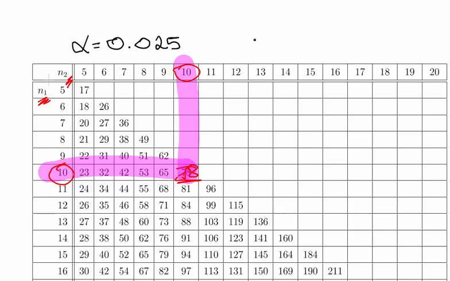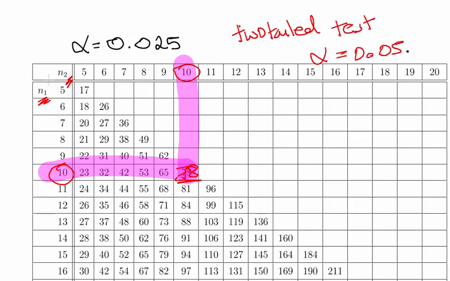This is a two-tail test with a 5% significance level, which is usual in undergraduate statistics. And the answer we get there is 78.